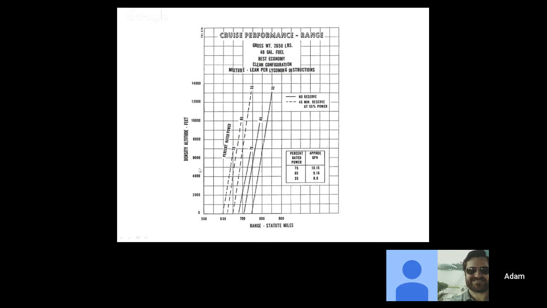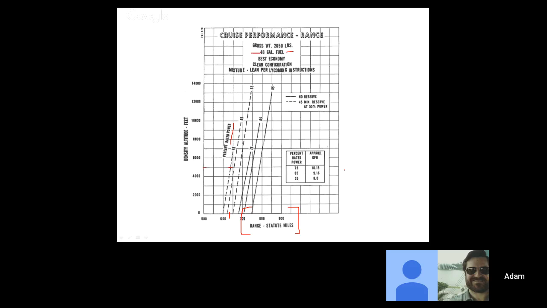Given a density altitude and power, I can determine how far I'll fly on a full tank of gas. From here, Piper expects me to be able to calculate endurance on my own. If I know the range, then I can calculate my endurance.